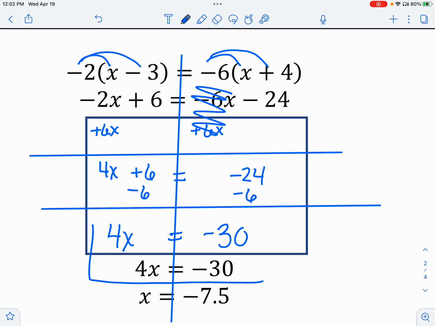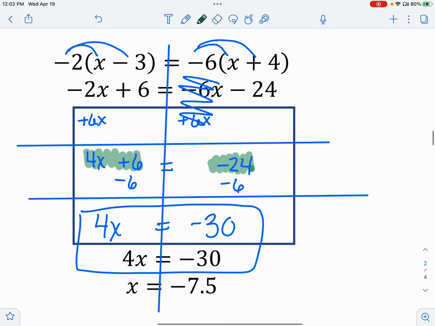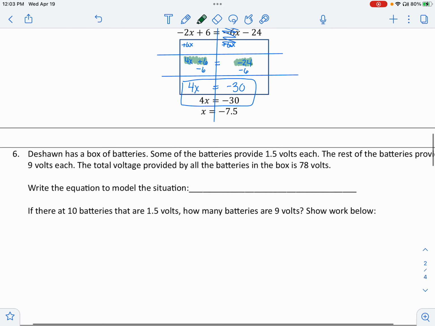And you can see that's where it leaves off. So the missing step would have been here, where they took the 6x to the other side. That's totally fine. That was what the missing step would have been. As long as you can show me what they missed, you will be good to go.